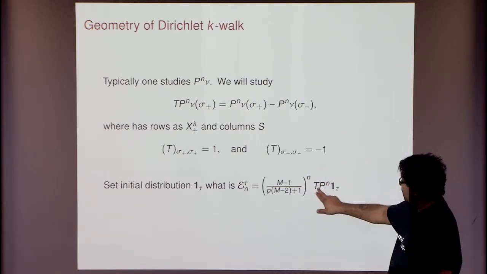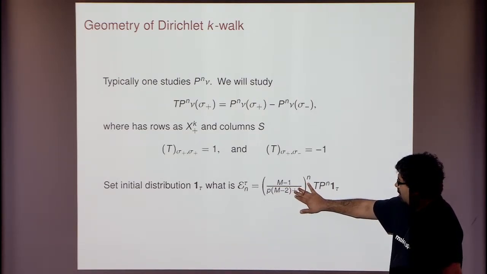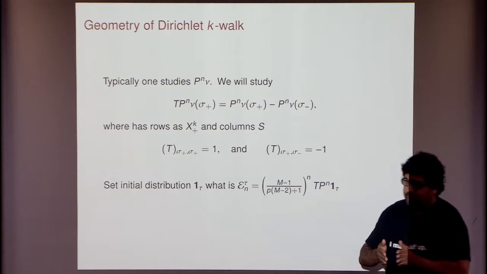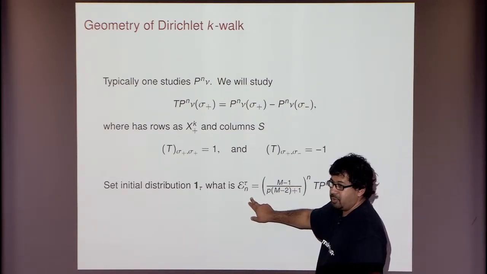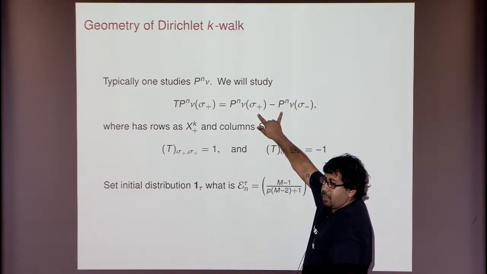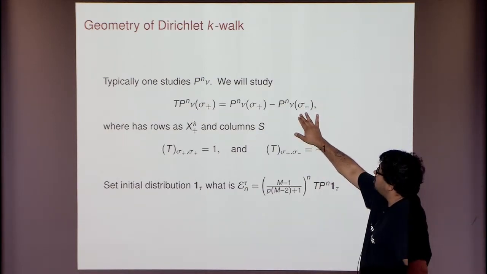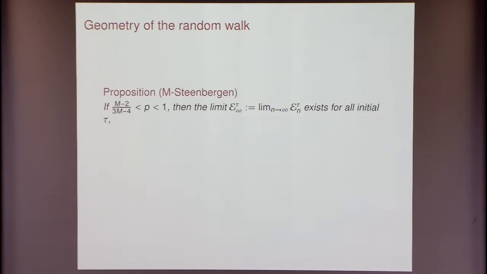Okay, hit it with this T. This is just the normalization constant that has to deal with what happens because of the absorption, right? And this is our notion of the stationary distribution, right? And it's really renormalizing just this quantity, okay? Just multiplying it by a constant. And we want to say something about the convergence of this, as well as saying how it's related to the harmonics, okay?